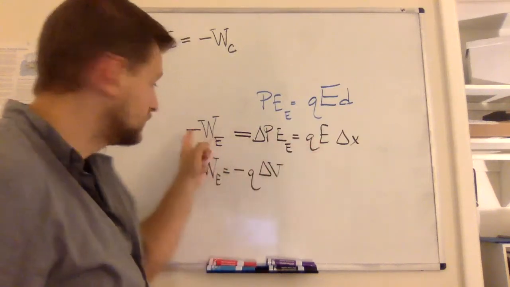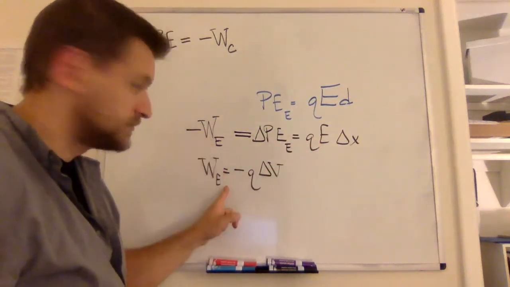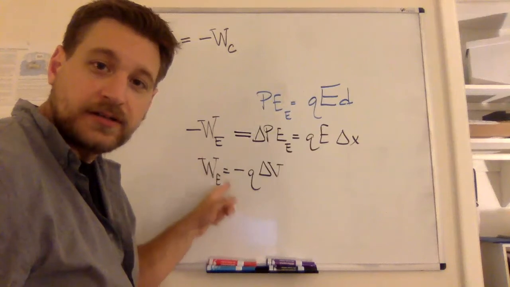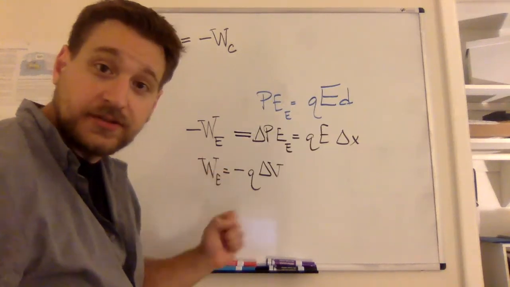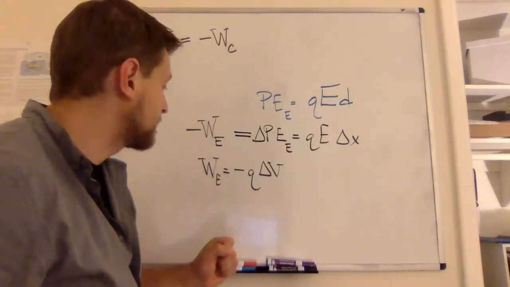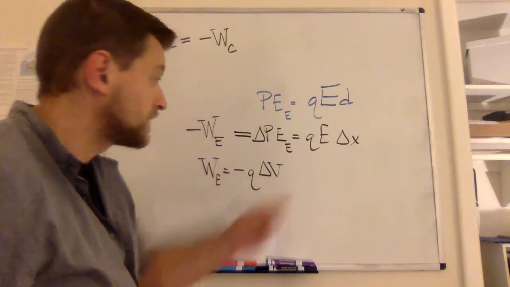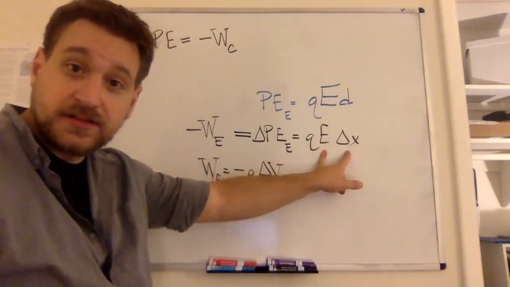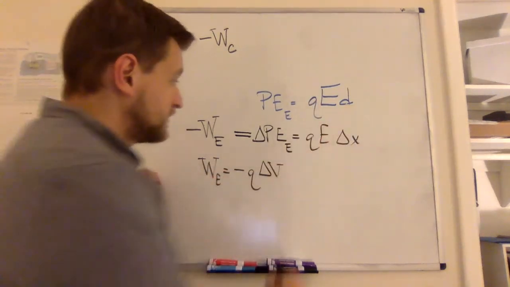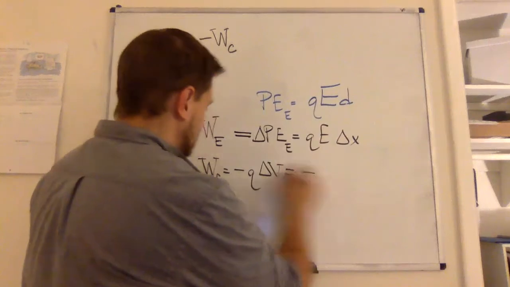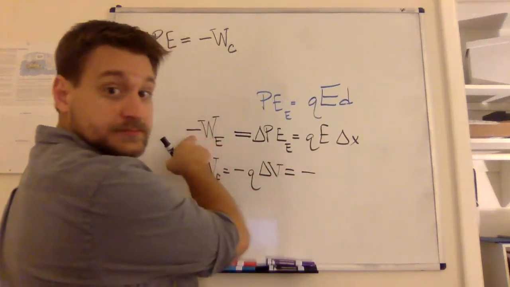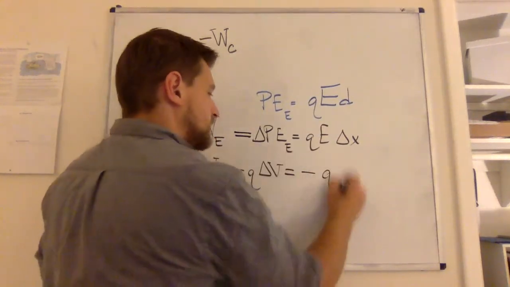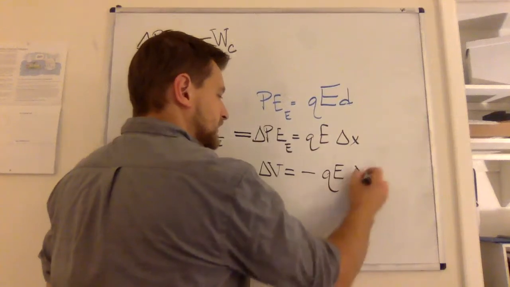Multiply by Q, move the minus sign, and we know how much work the electric field is doing. This expression makes a lot of sense. I'm going to write it again. Negative sign from over here. QE Δx.